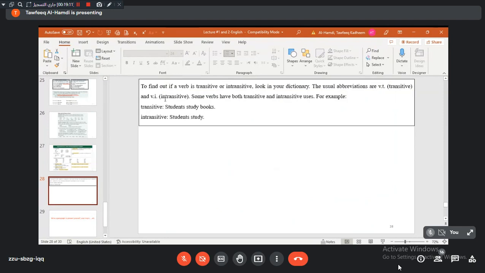Some verbs have both transitive and intransitive uses. For example, transitive: student study books; intransitive: student study. So the verb study has both transitive and intransitive use.